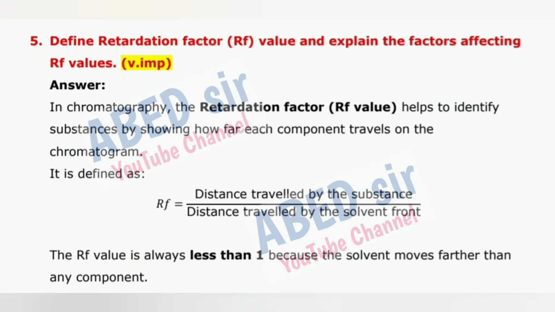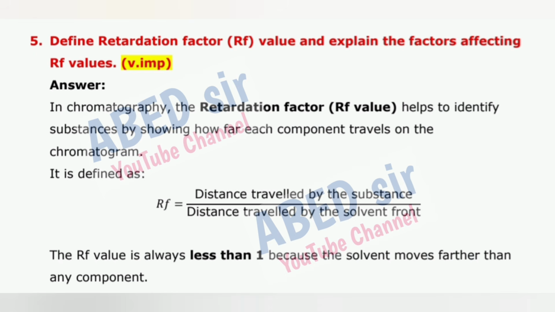V.IMP. Answer: In chromatography, the retardation factor, RF value, helps to identify substances by showing how far each component travels on the chromatogram. It is defined as RF equals distance traveled by the substance divided by distance traveled by the solvent front.